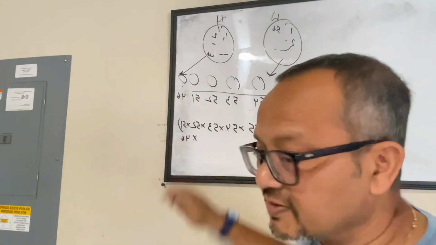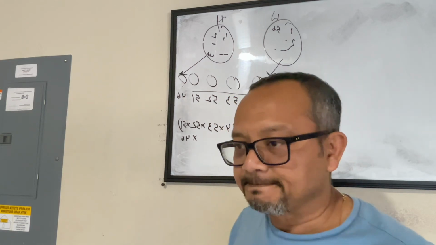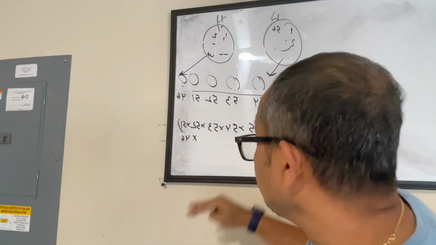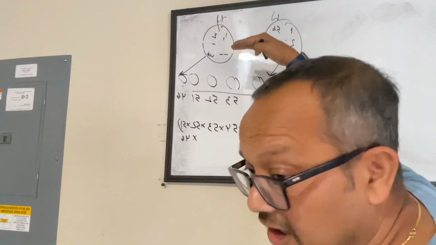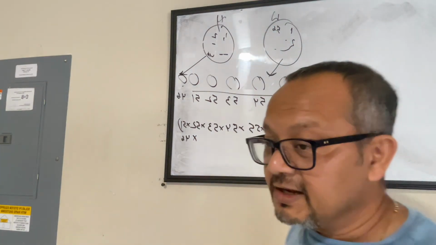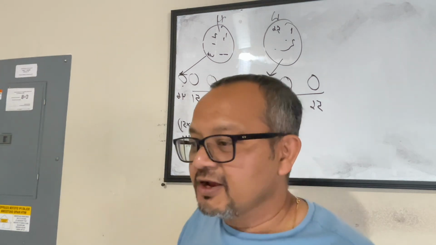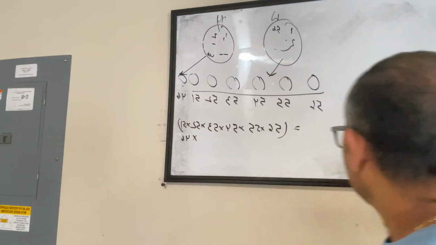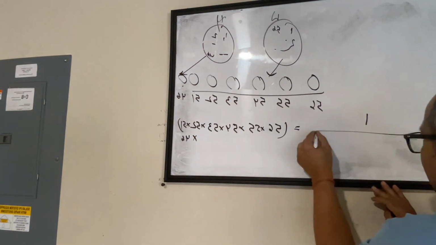This is my total number of possible outcomes. And the lucky guy who's going to win the jackpot will be only one person.